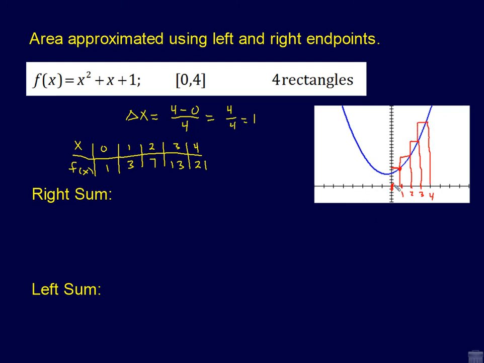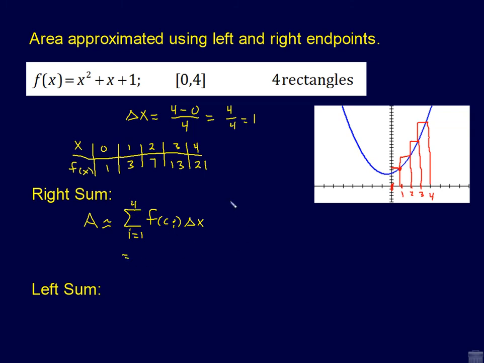So all I'm really going to do is find the area of the 4 rectangles and add them together. And so my sum here is to add together the appropriate function values times delta x, each time for the width, and we're going to add up 4 of these because I have 4 rectangles.